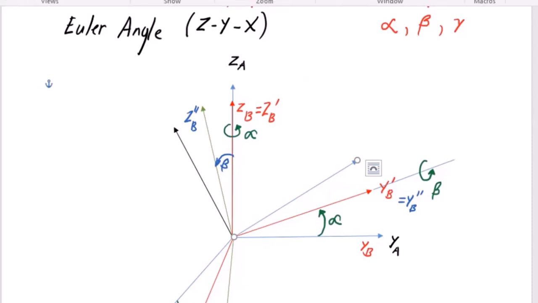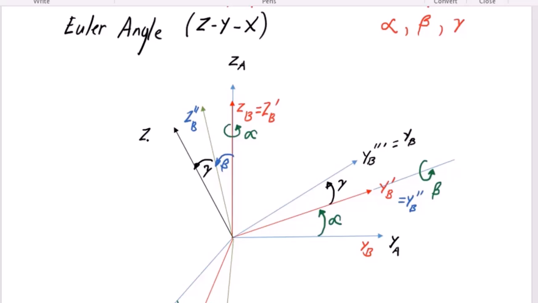The other axes are shifted in position because of the gamma. So I will write now the gamma here. This is the result of the gamma, and this is the result of the gamma. So this is our YB triple prime. Since this is the final position of the YB triple prime, this is the last, we treat this one as the YB final. From the previous YB, this is the last YB.